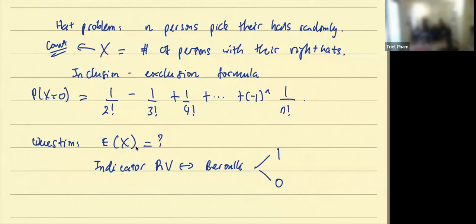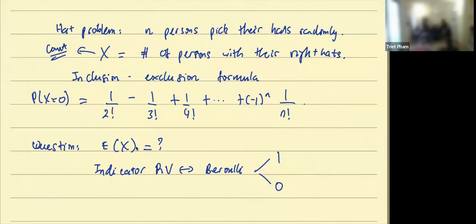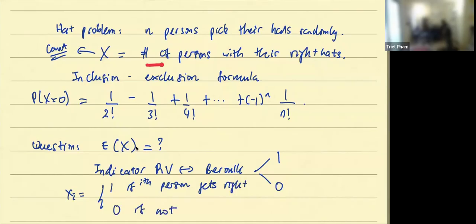That's how you count. So symbolically, you let X_i be 1 if the ith person gets their right hat, and 0 if not. Then the count of the total number, there's a word total here that's implicit, will be the sum of X_i.